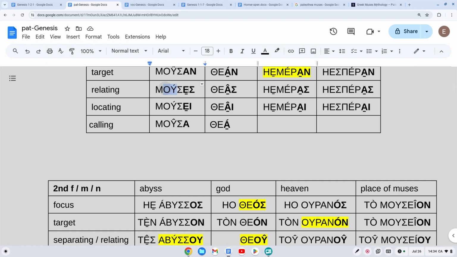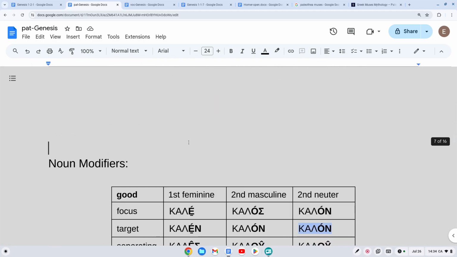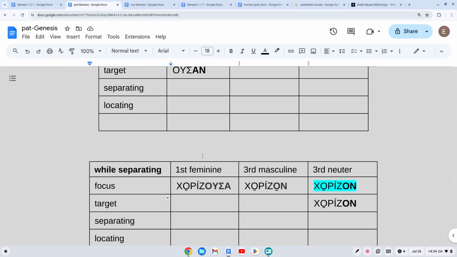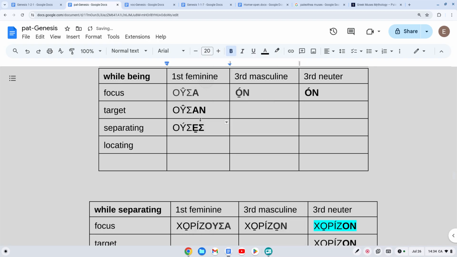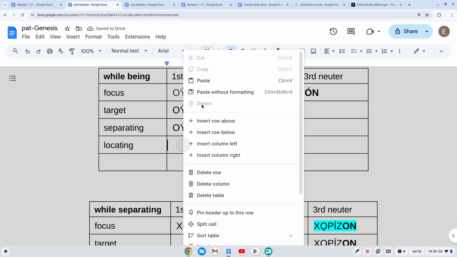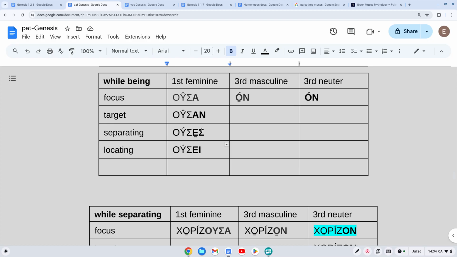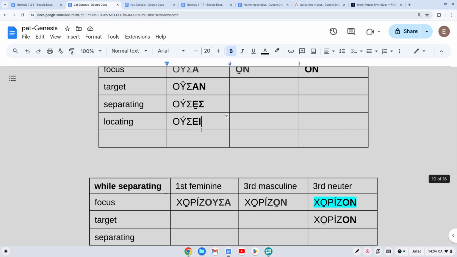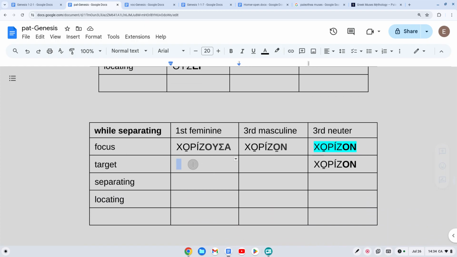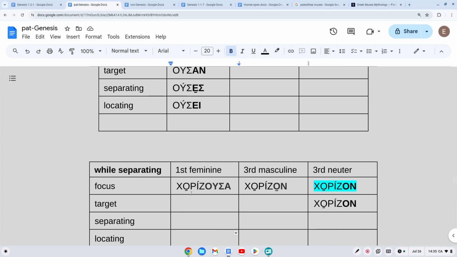I'm sorry. So it basically has the same endings as the word for muse. While existing. And you'll get the same thing in these boxes here. But I'll leave that for you to fill out.